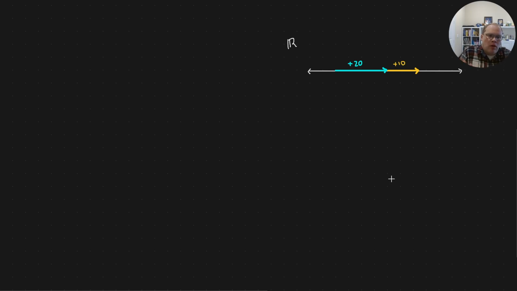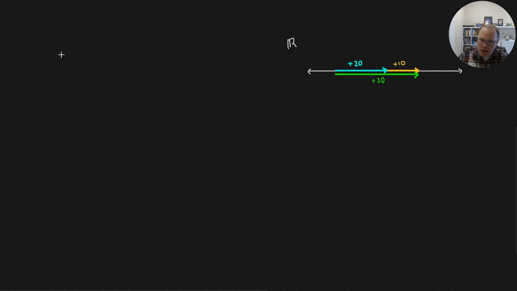If I add those two together, what do I get? Well, I get $30, and if I think about it as magnitude and direction, that means the total amount I've traveled is just both of them put together. The total amount of money I've earned is both of them put together. In terms of arrows, I just put the two arrows together and combine them into a single arrow.